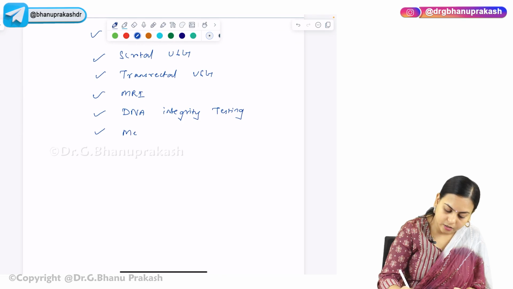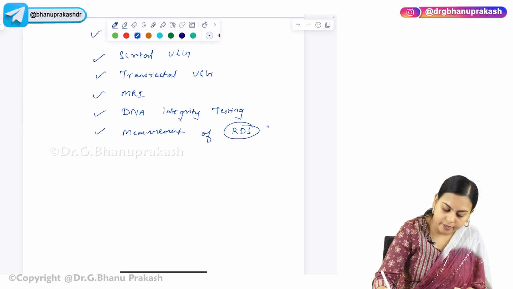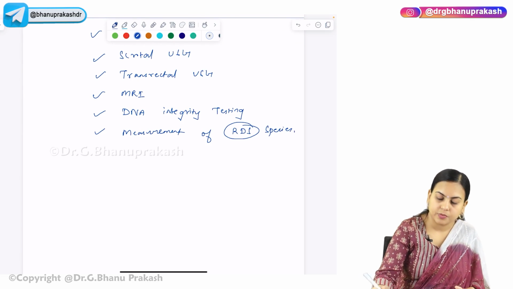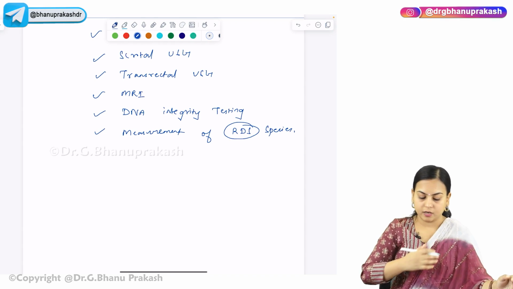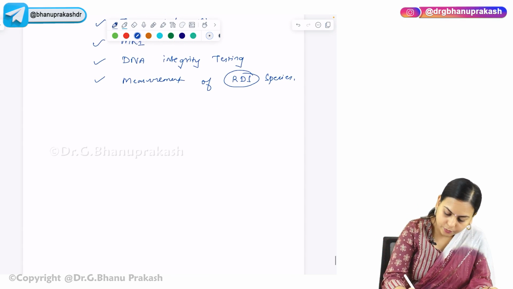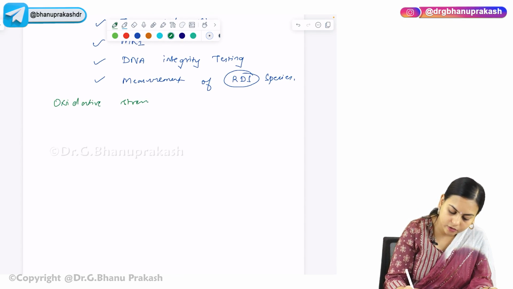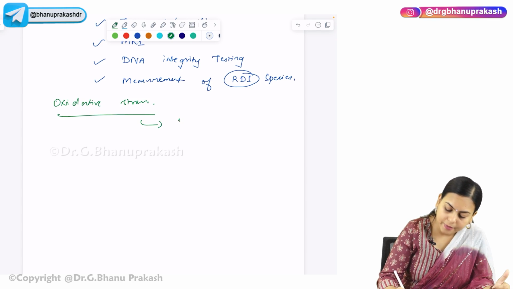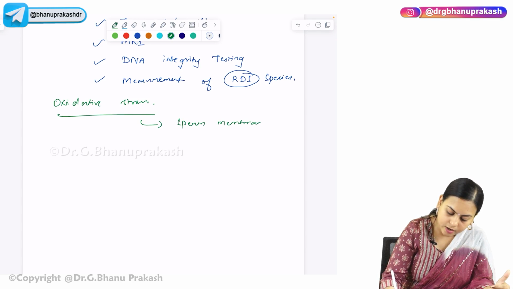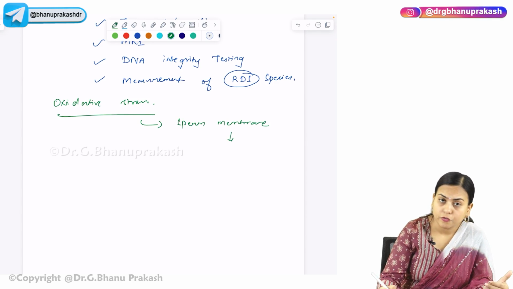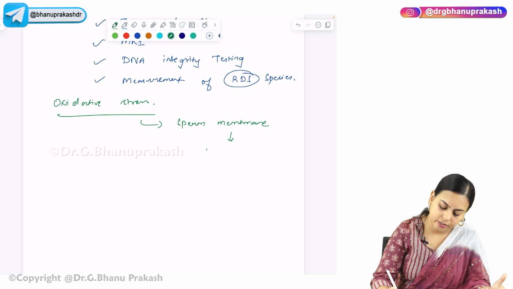Then measurement of ROS, reactive oxygen species, as well. So this is important because sometimes oxidative stress mediated damage can also be present, which can damage the sperm membrane, and this may account for defective sperm function.